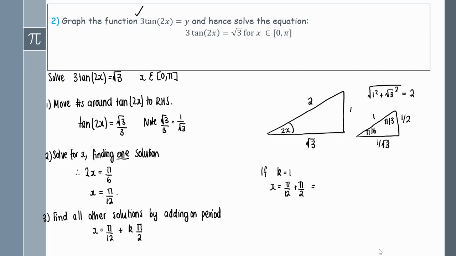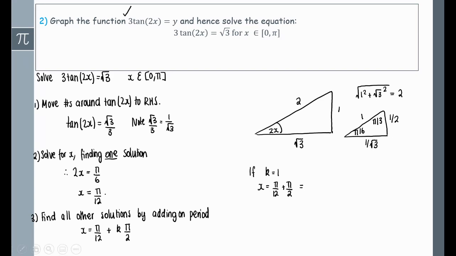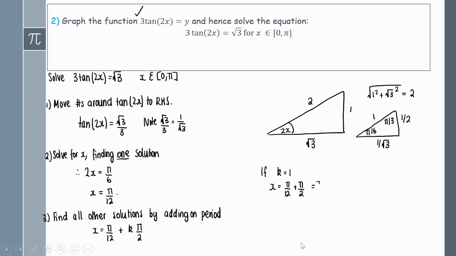And this will be a solution if it falls between 0 and pi. So we end up with 7 pi on 12. Now that is smaller than pi, bigger than 0, so that's probably going to be another solution.